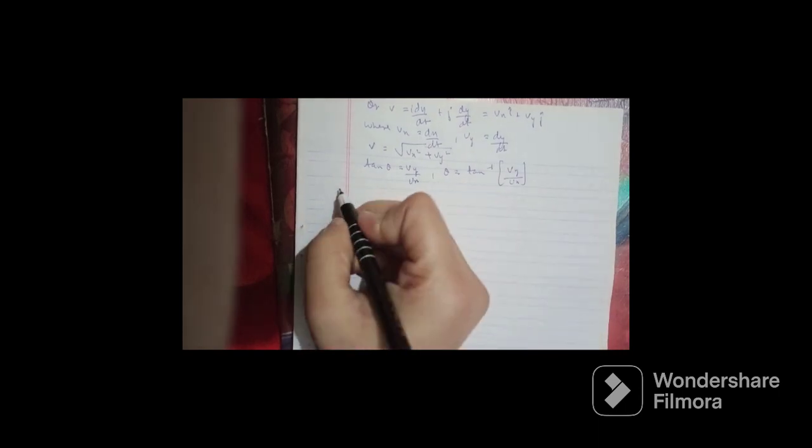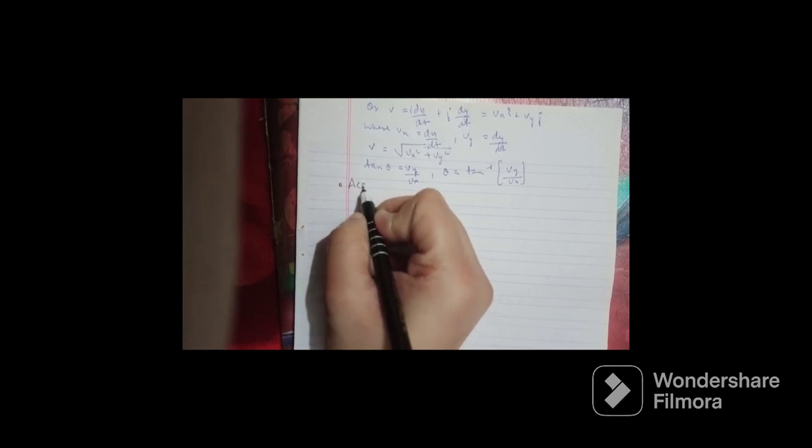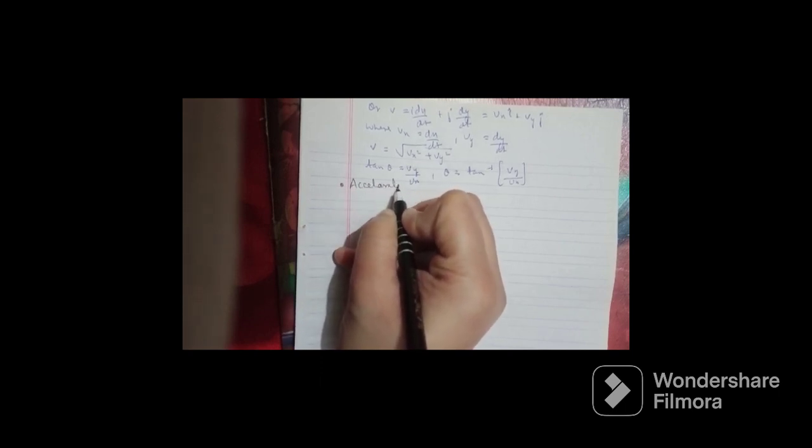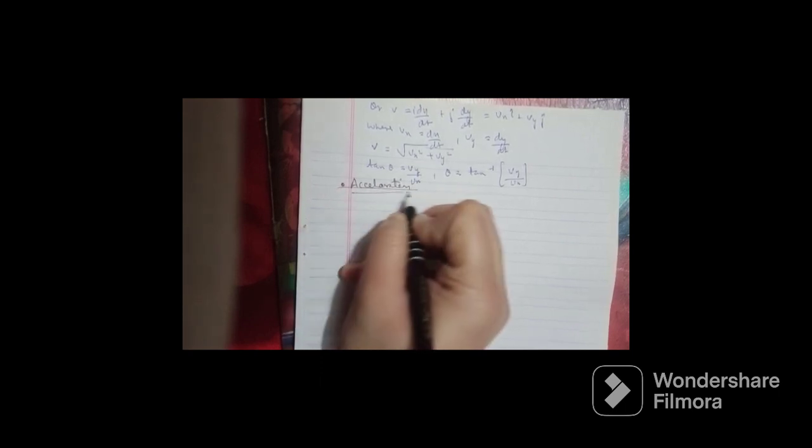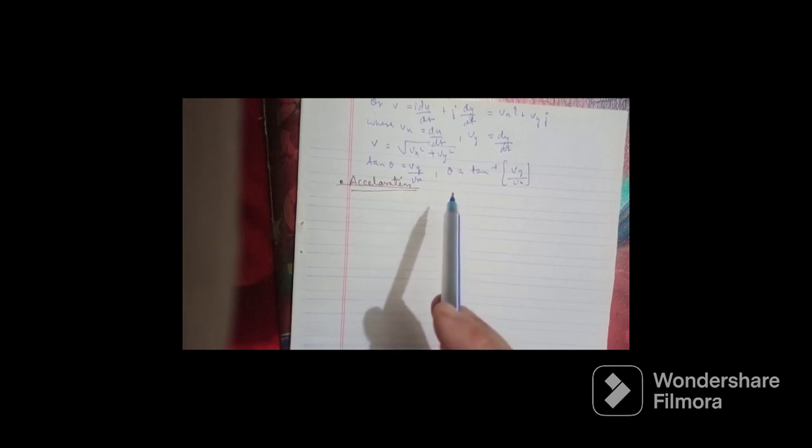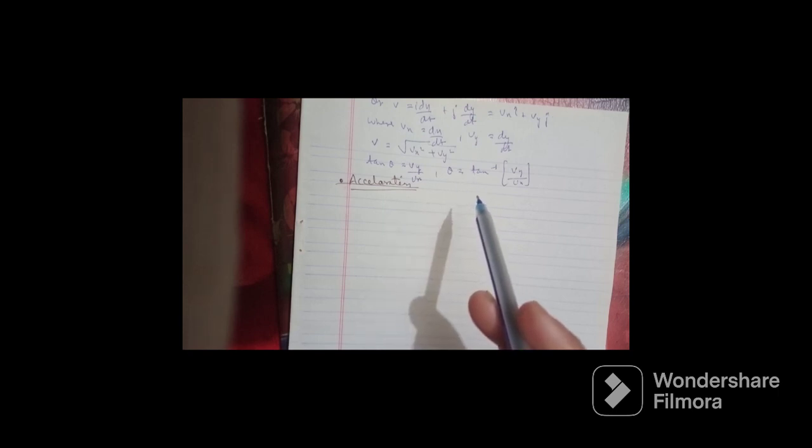So in terms of acceleration, the average acceleration a of an object moving in the xy plane for the time interval delta t is the change in the velocity divided by the time interval. The instantaneous acceleration also, we did talk about it.